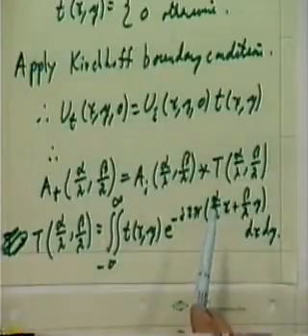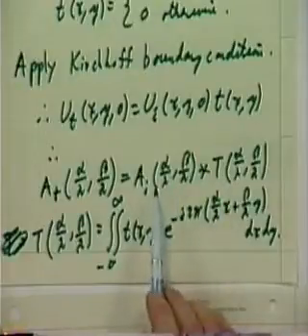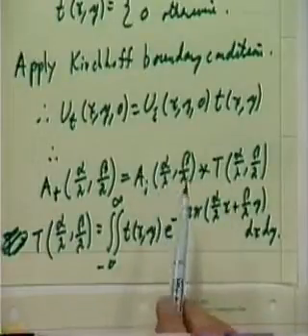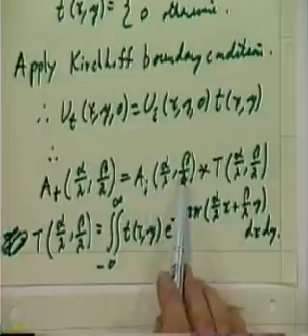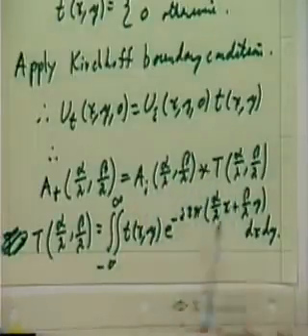So with this, we have a convolution of the spectrum of what was incident on the aperture with the Fourier transform of the aperture.